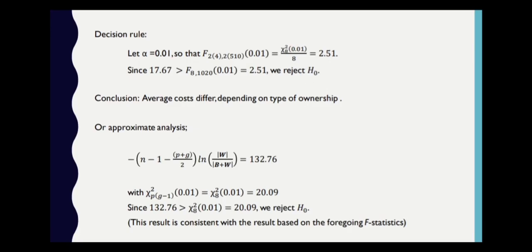H0. The conclusion is, average cost differs depending on the type of ownership, or we can conclude that there are significant differences in all the variables, which is the cost, among the three types of ownership.